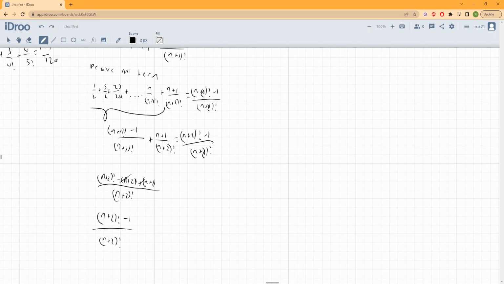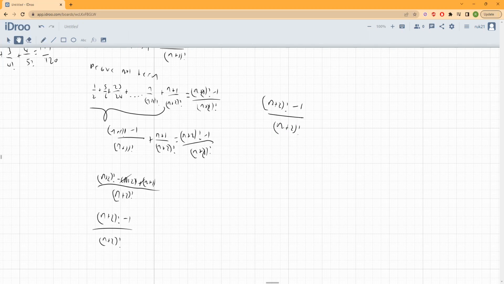So then what we're going to do now is find the actual sum. What is the sum as n approaches infinity? What you can see is n plus 2 factorial minus 1 over n plus 2 factorial.